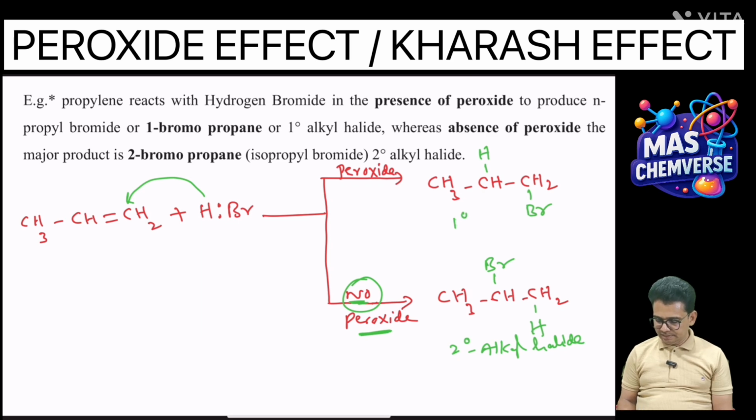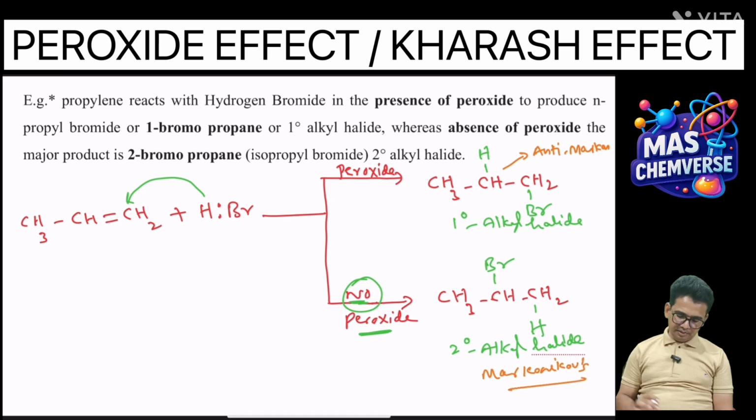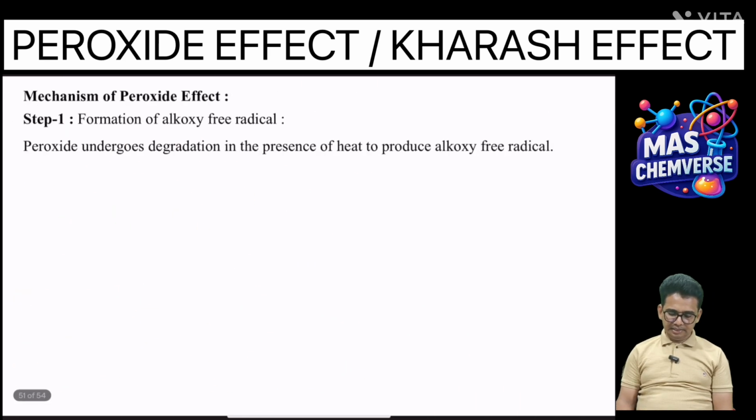If peroxide is there, it means a primary alkyl halide. That's why this product is called Anti-Markovnikov's, and the other Markovnikov's.